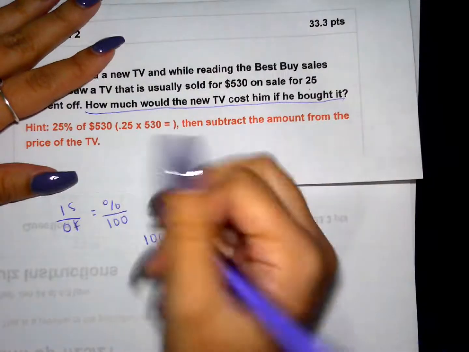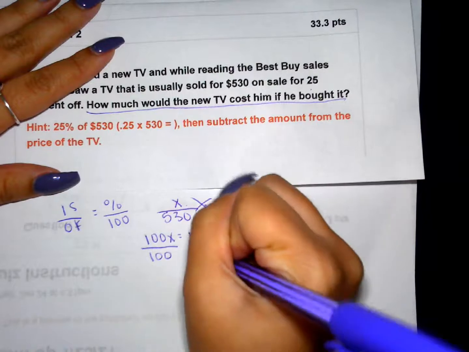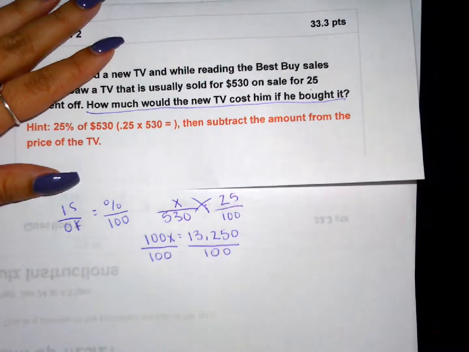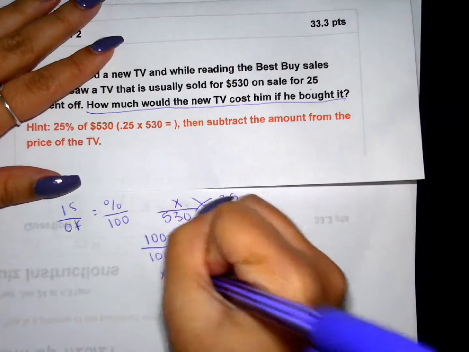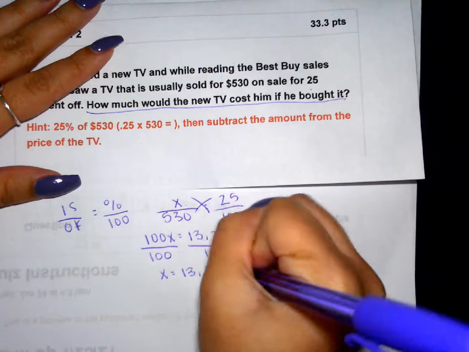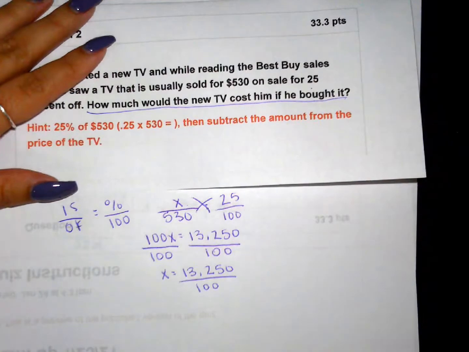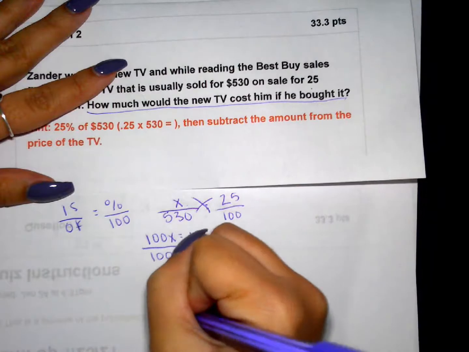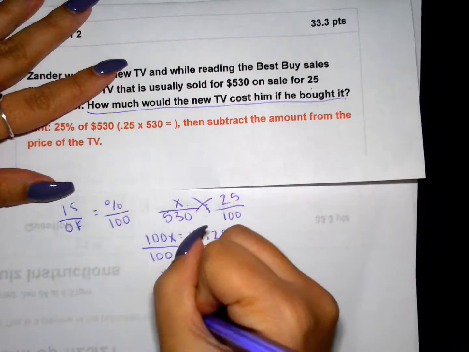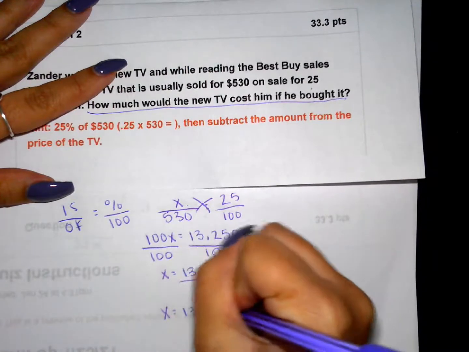So how we do that is we divide by 100 on both sides. Okay? So it's going to look like this: X equals 13,250 divided by 100. And you can do that in your calculator, but the answer for X is going to be 132.50.